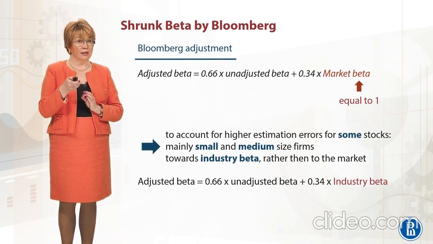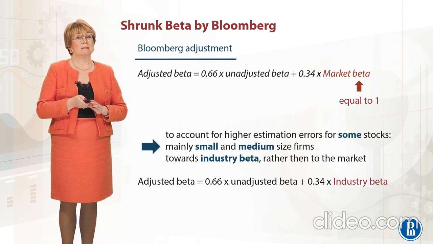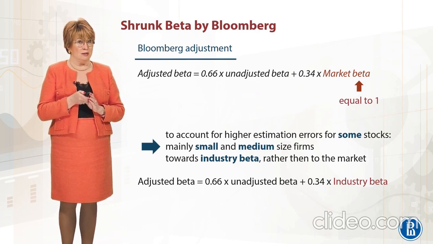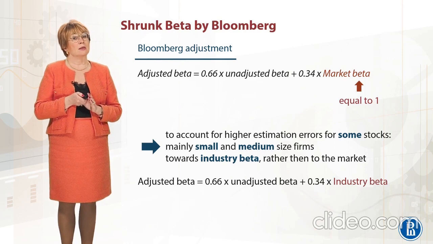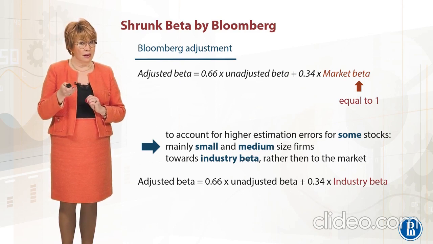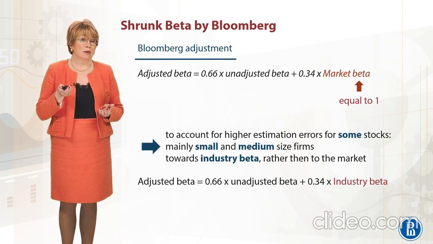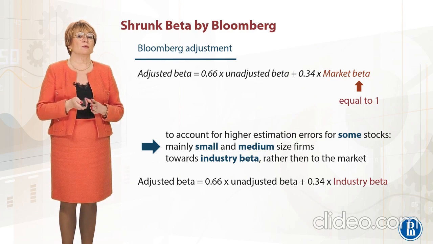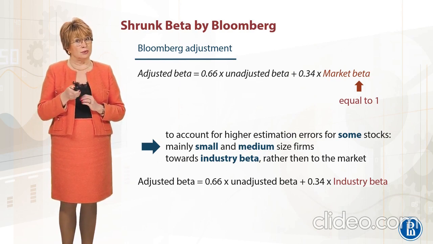As you see from that equation, the weighted or adjusted beta or shrunk beta is comprised of 2 components. Unadjusted beta with the weight 0.66 and the market beta, which is equal to 1 by definition, this is from the assumptions of the capital asset pricing model, with the weight of 0.34.